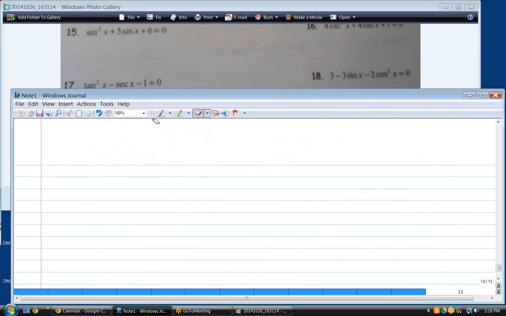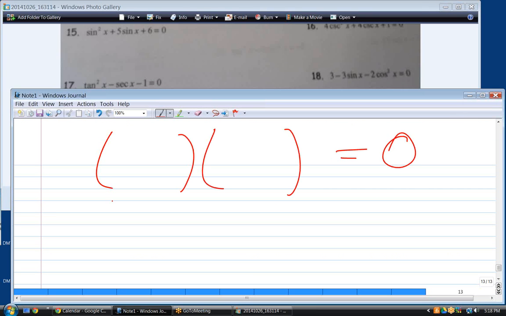Factor this for me. Sine and sine. Sine x, I don't mean to ignore the x, but that's an important part of this. A lot of times I'll leave out the x, especially when I'm doing verifying trig identities, because I don't feel like writing it 100 times. But in this case, I think it's important to know that it's sine x times sine x.